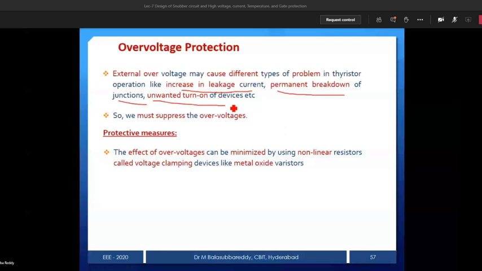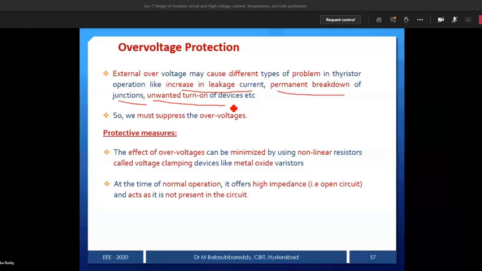Now how will these metal oxide varistors act under normal condition? They act as a high impedance. High impedance is nothing but an open circuit, so it won't affect anything if the voltage is normal, or the specified voltage, or within the level of specification.